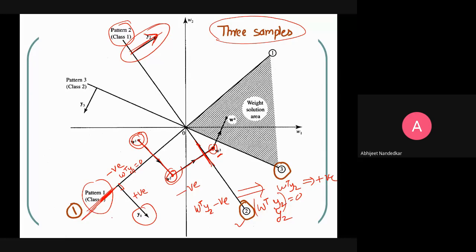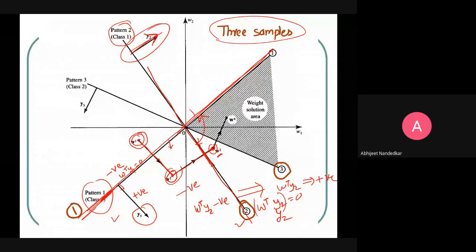Y1 is already satisfied. Since you are here, which is below this line, you are already in the positive zone of Y1 sample. Now due to Y2 sample, my positive zone is now reduced to this much.